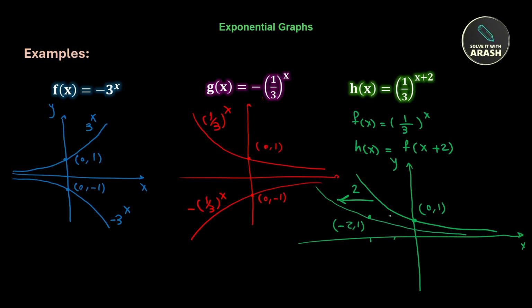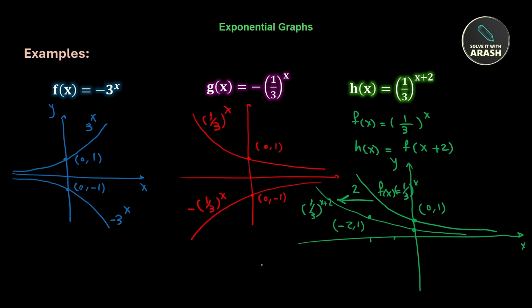Now, as you can see, the y-intercept is not at 0 and 1 anymore. So if I call the first function, let's write it down. This is f of x equals 1/3 to power x. The next one is 1/3 to power x plus 2, where we need to find the y-intercept.